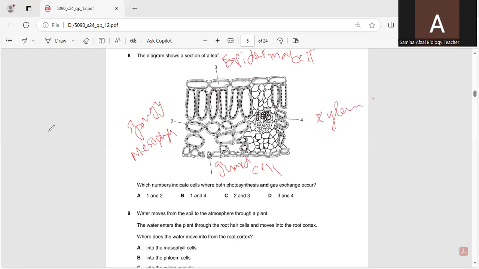Which number indicates cells where both photosynthesis and gas exchange occur?